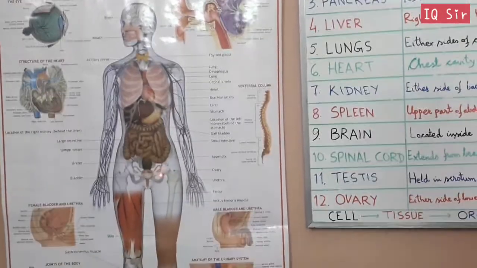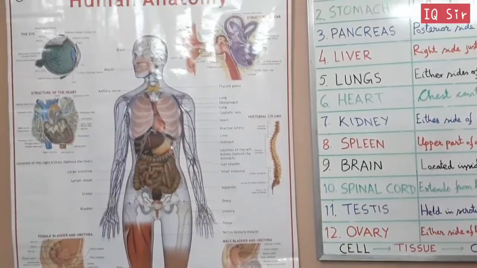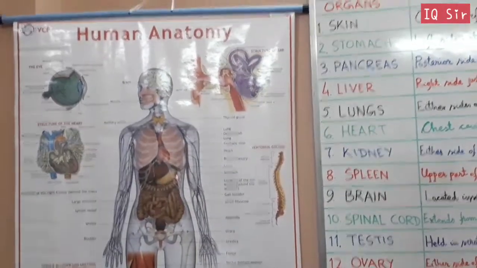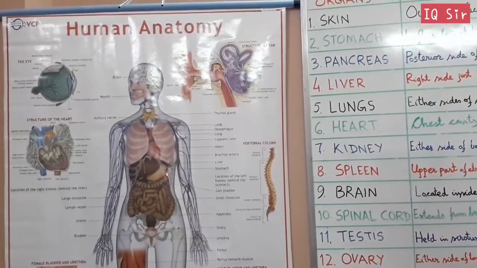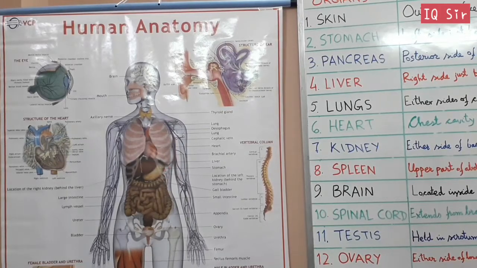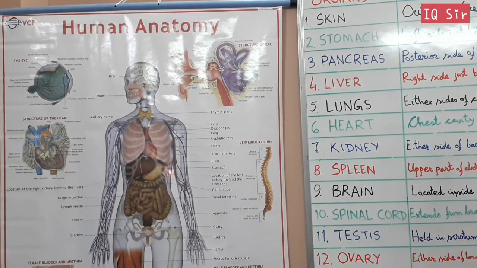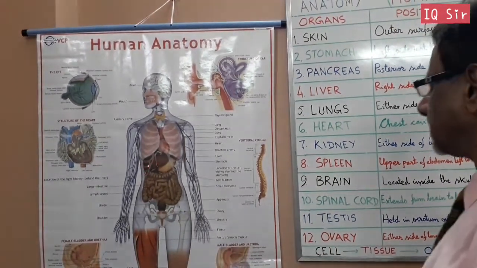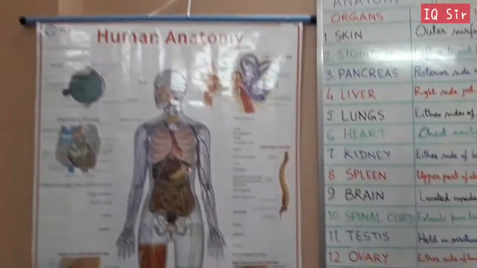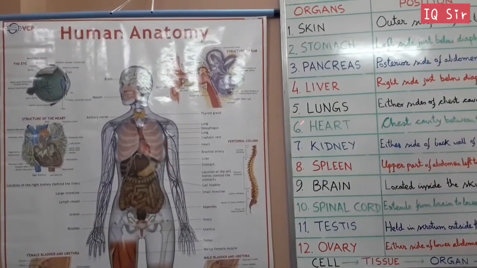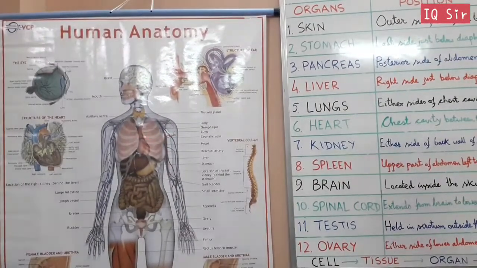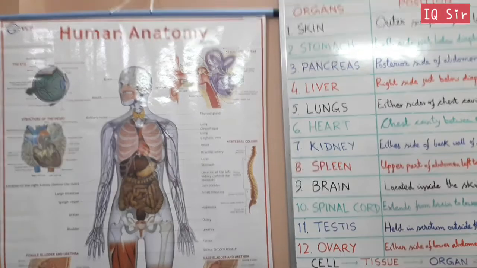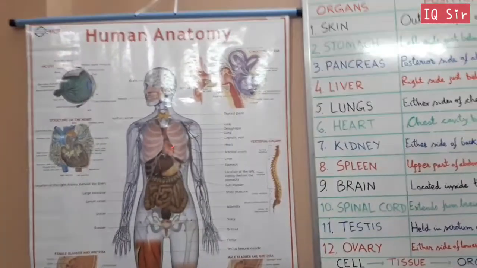Then the pancreas is somewhere here, beside the stomach, and the liver is the largest digestive gland. Then the lungs are on either side of the chest cavity, and the heart is in between the lungs.